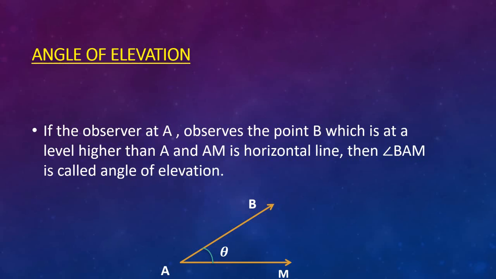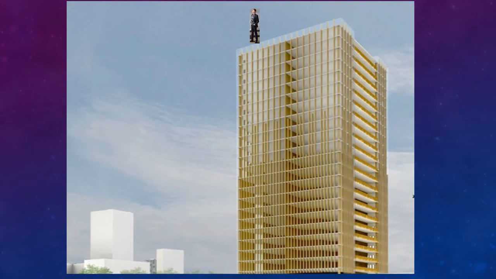Now suppose here the person is standing on the top of the building and he is looking at an object situated down on the ground. First of all, this is the horizontal line. The line that goes straight is a horizontal line.